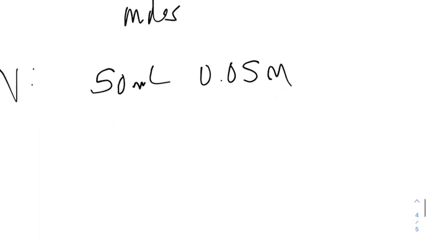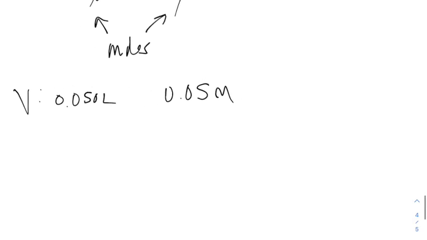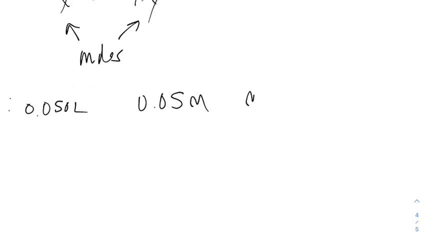So if I know milliliters, I know liters. If I know molarity and liters, I know moles. We've seen this movie before. So this is going to be 0.05 liters at 0.05 molarity. So molarity is equal to moles per liter. So I'm going to have 0.05 molarity is equal to the moles per 0.05 liters.